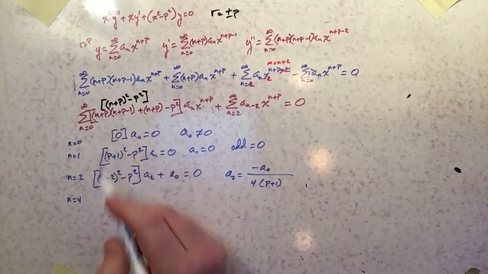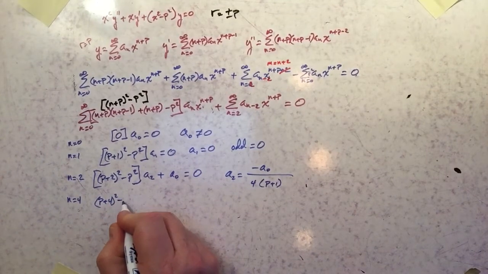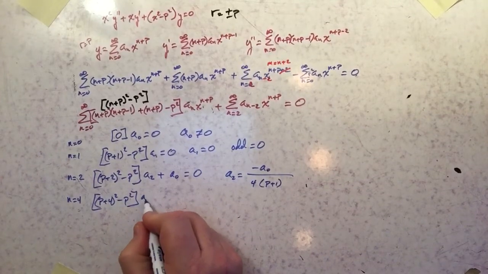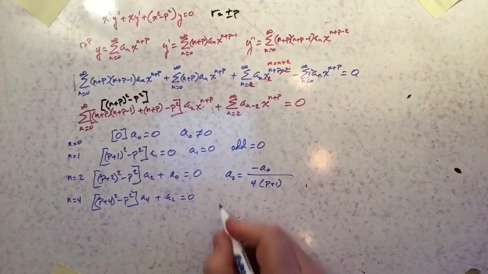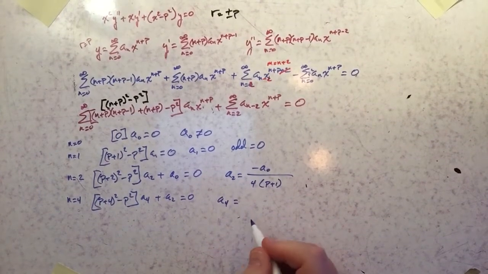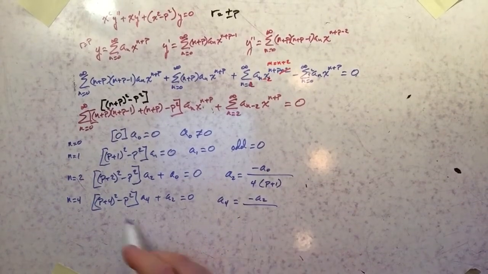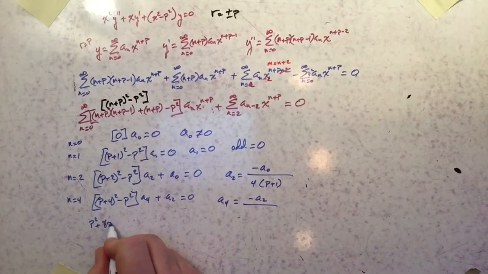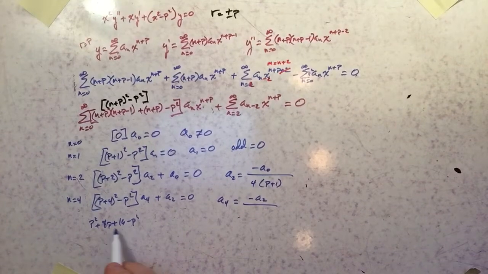When n equals 4, it's (p plus 4) quantity squared minus p squared. And then that's going to be A4 plus A2 equals 0. So that's going to tell me that A4 is equal to negative A2 divided by, this guy is going to be p squared plus 8p plus 16 minus p squared. That's going to be 8 times (p plus 2).